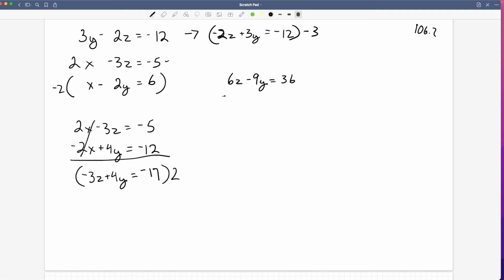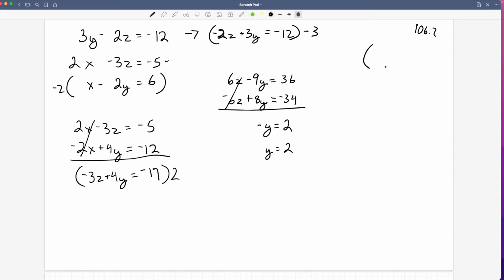So that's going to be a negative 6z plus 8y equals a negative 34. All right, so now I'm going to combine. That cancels. This is going to be a negative y is equal to a positive 2. So y is equal to negative 2.